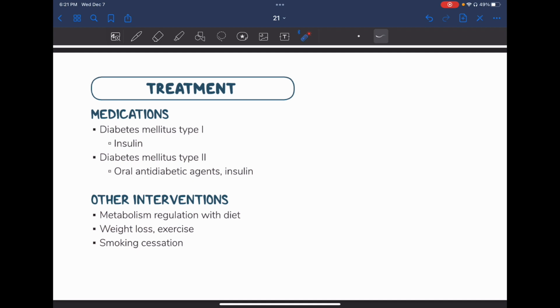Other interventions can be weight loss or exercise or a healthy lifestyle, and smoking cessation and metabolism regulation with diet. So simply healthy food.